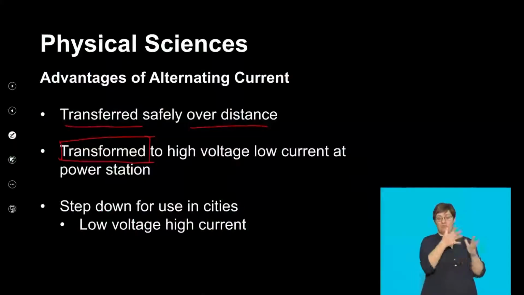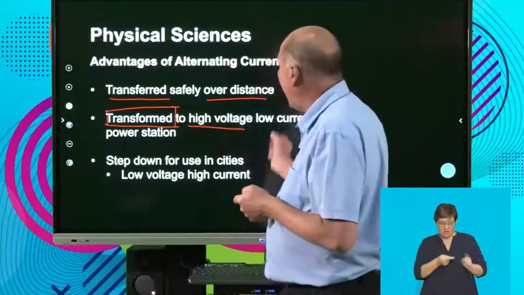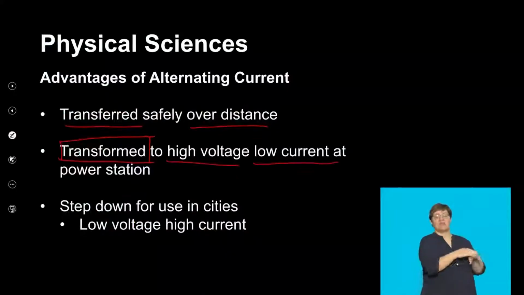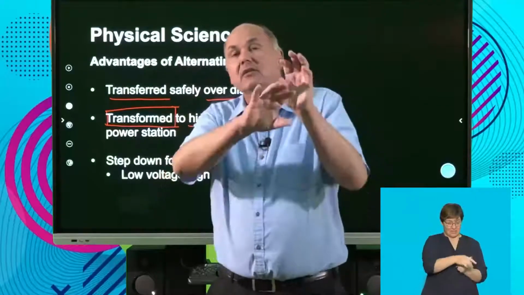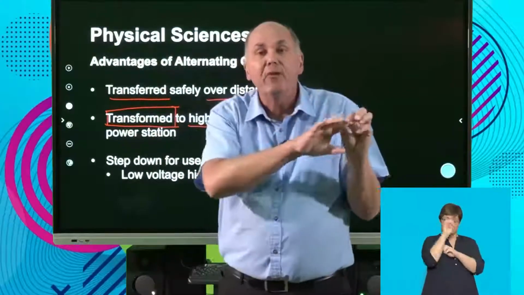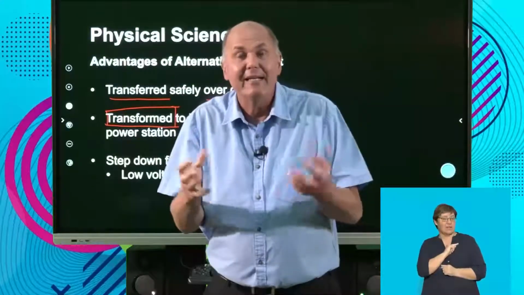And so there are ways to make the current from the power station be transformed into a high voltage, low current process at the power station. And so in those grid lines that you see strewn across the country, we find that we've got high voltage lines bringing a low current. The reason for that is we recognize that energy is lost when the current is high.